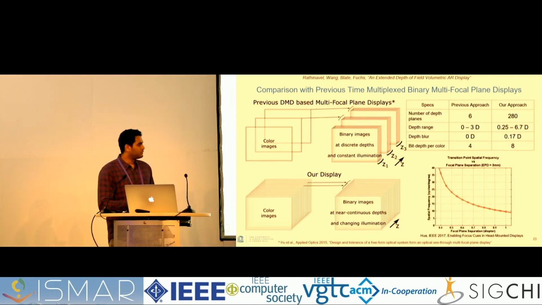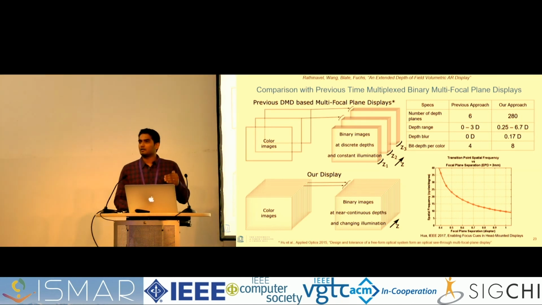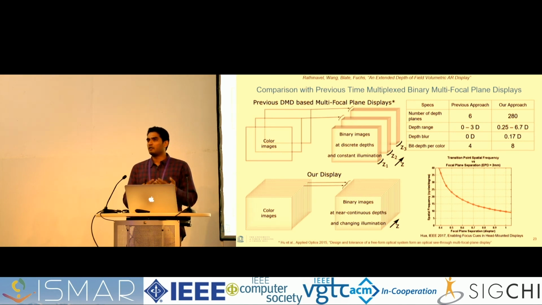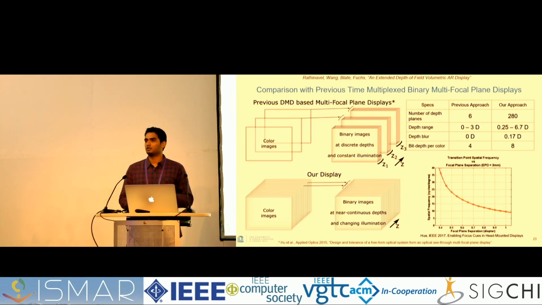So if you study this graph, this is the focal plane separation and this is the drop in spatial frequency. So if your depth separation is, let's say 0.7, then your spatial frequency drops to 15 from something like 60. So at that depth where the depth plane is, you have very high resolution. But the content in between those depth planes have some blur effects in them. So basically, the takeaway is that you need to decrease the focal plane separation a lot in order to maintain good spatial resolution throughout the entire volume.